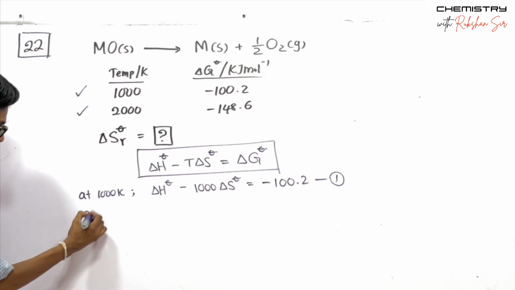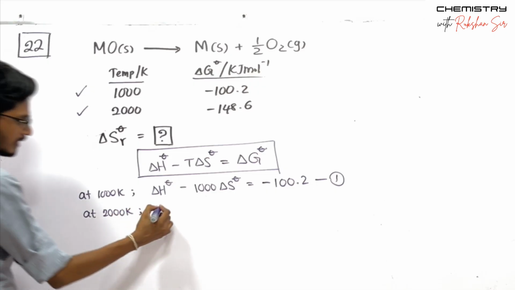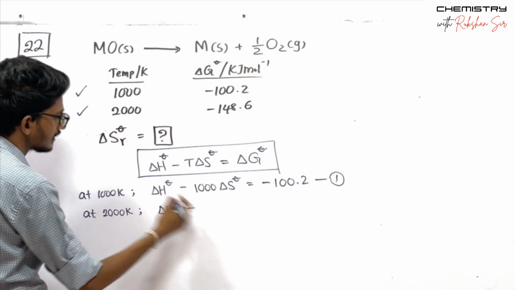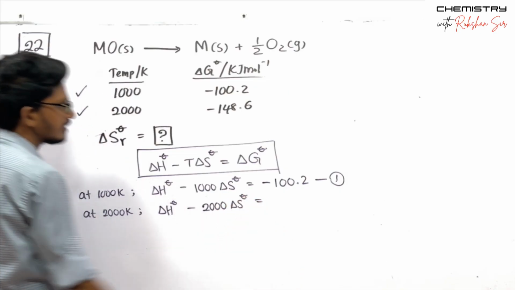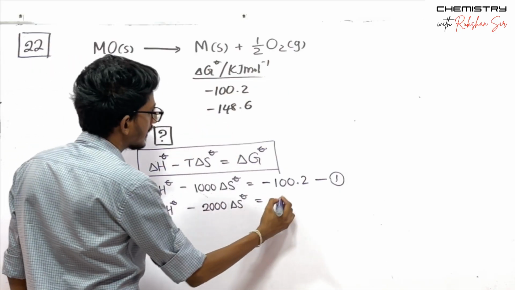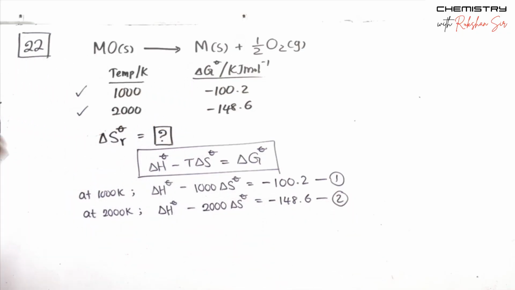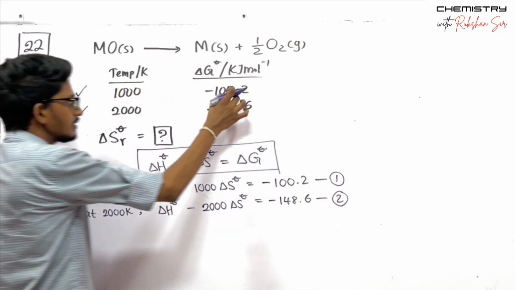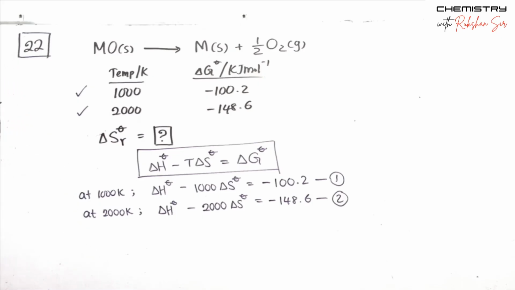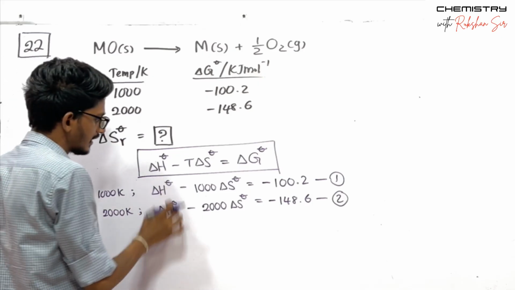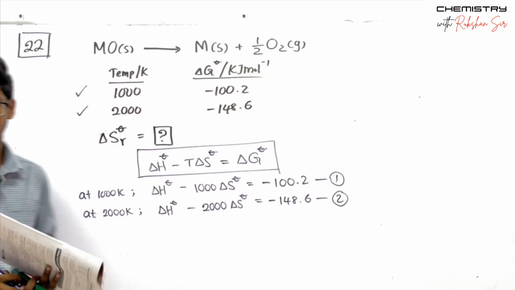Then applying at 2000 Kelvin, delta H naught minus 2000 delta S naught is equal to minus 148.6. We are applying the two delta G values at 1000 and 2000 Kelvin. We assume that delta H and delta S don't change with temperature. That assumption is normally taken.